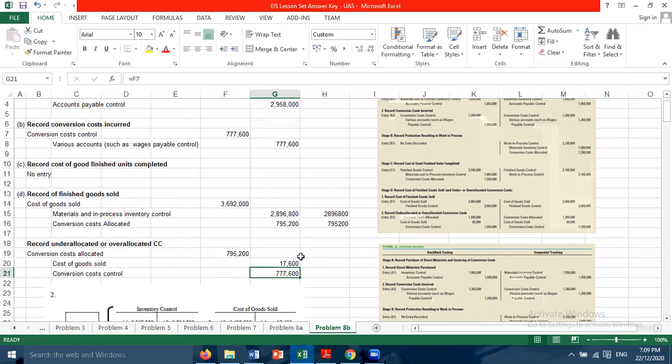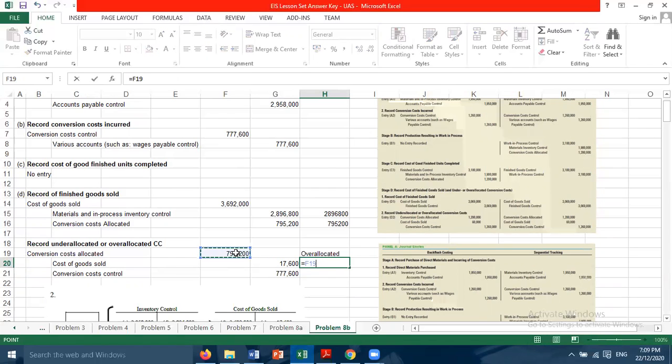So we know this is over allocated. Okay, so when it's over allocated, all we need to do is reduce cost of goods sold. So all we need to do is just credit cost of goods sold, or reduce it by the amount over allocated. The amount over allocated is simply 795,000 minus the 777,000, which is 17,600.